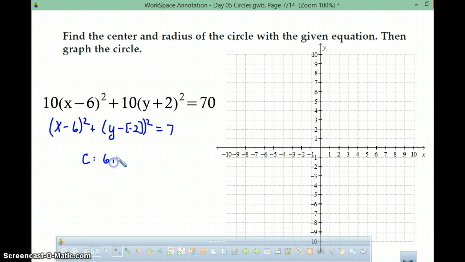Center is 6, negative 2. What's the radius? Root 7. How big is root 7? Well, root 4 is 2 and root 9 is 3, so it's somewhere between 2 and 3. So let's go to 6, negative 2, and we'll go 2 and a little bit more in each direction. Make a nice circle.